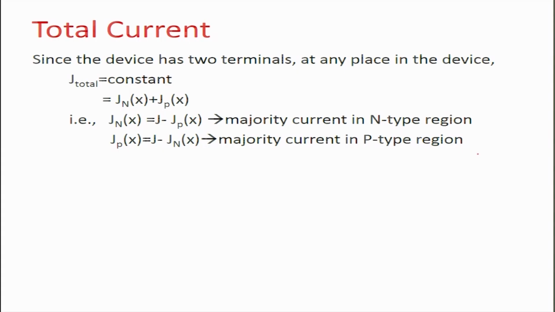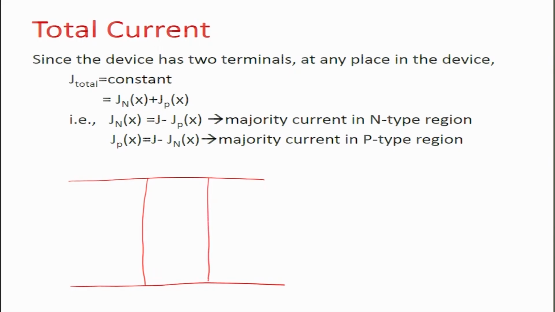So, if you now look at it in schematic terms, I can make a diagram like this. Let us say this is the depletion region, okay. So, this is minus Wp, this is plus Wn, and somewhere here we have x equal to 0, okay.